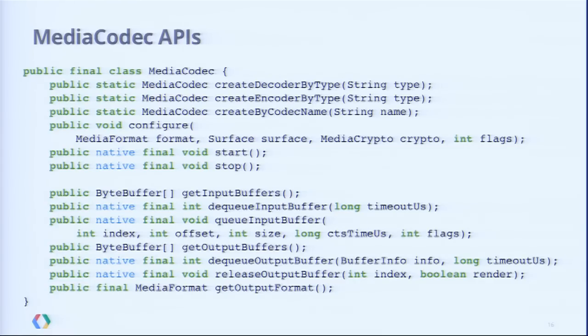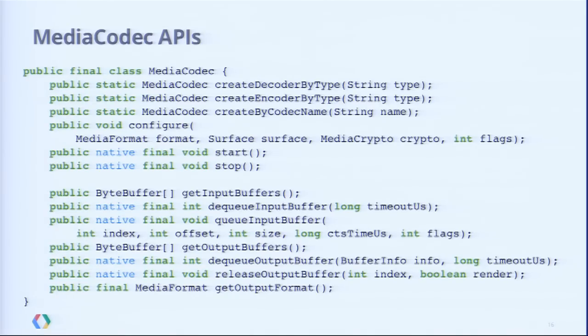Using this index, you can find the right byte buffer in the input array of byte buffers. Once you find the right buffer to use, you can put valid input data inside this byte buffer. You can either do some image processing before you put your data in. That's fine. It's up to you.